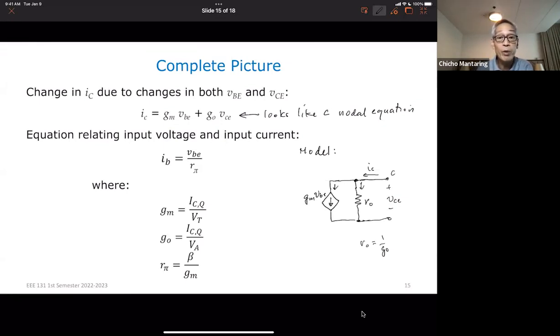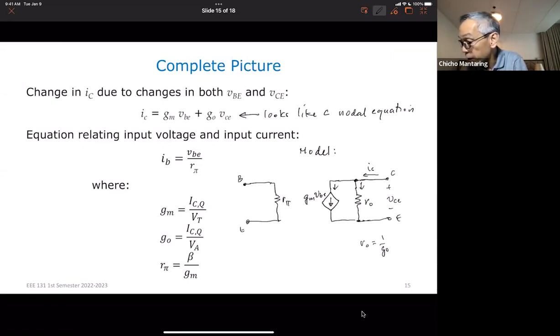Now, what about my input? All my input sees is a resistance equal to R pi. So my input is at my base. So this is my base. That's my input. What it will see is a resistance equal to R pi. This is my emitter.